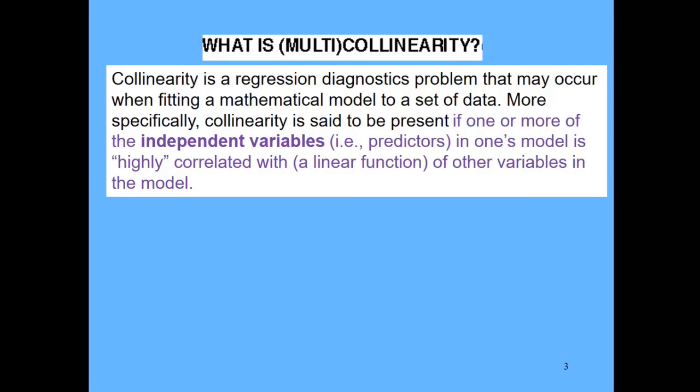This may happen when you're fitting any kind of mathematical model to a set of data, whether it's logistic regression, linear, or anything that you're going to learn later in this course or any other course. But more specifically, collinearity is said to be present if one or more of the independent variables, or the predictors, in one's model is highly correlated with other variables, maybe technically a linear function of other variables in the model.